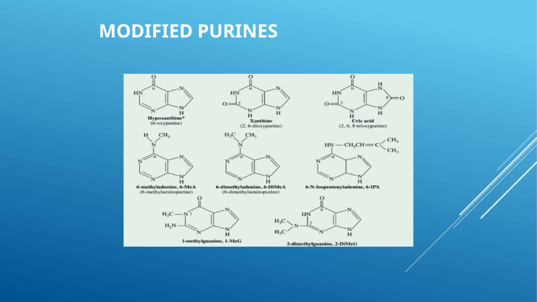They also play a role in various diseases, including cancer and genetic disorders, making this a crucial area of study. So, recognizing how purines can be modified gives us insight into both normal cellular processes and potential therapeutic targets.